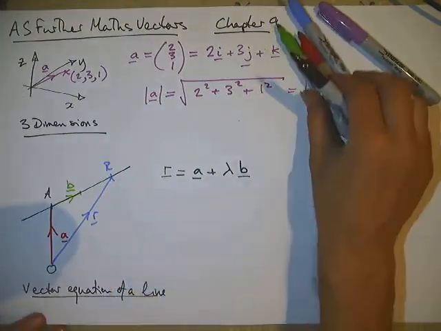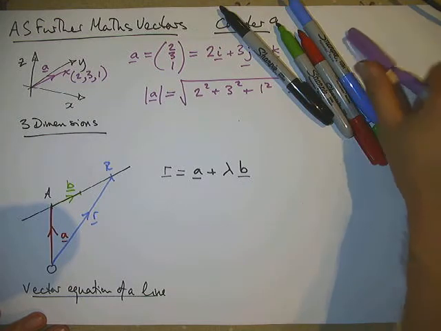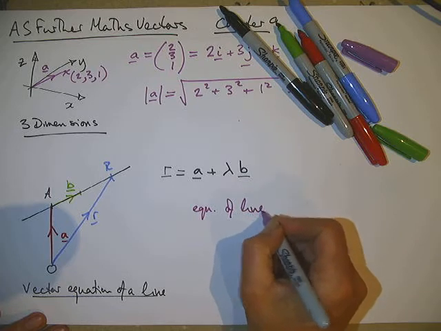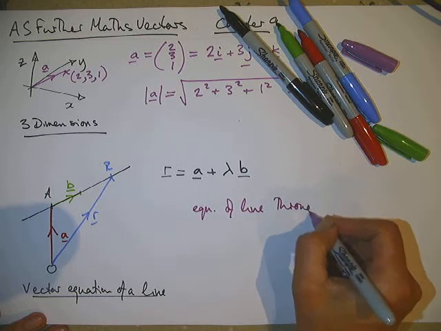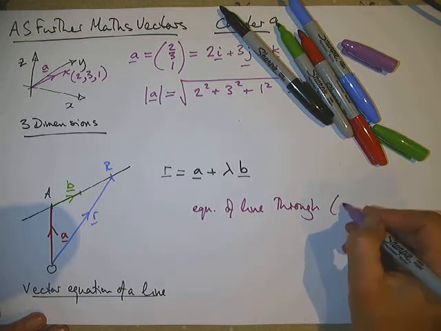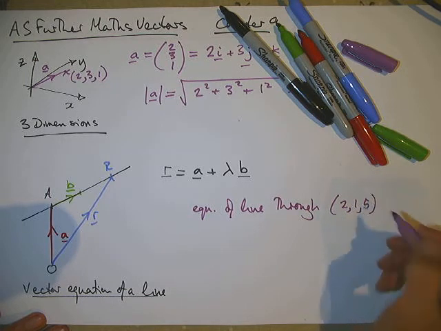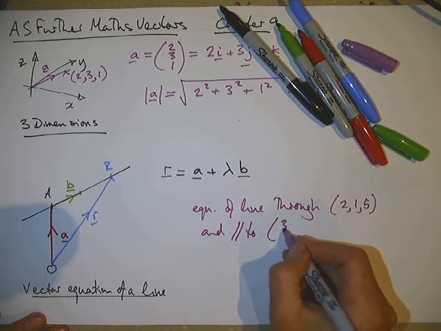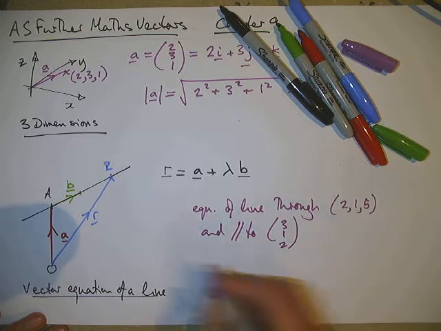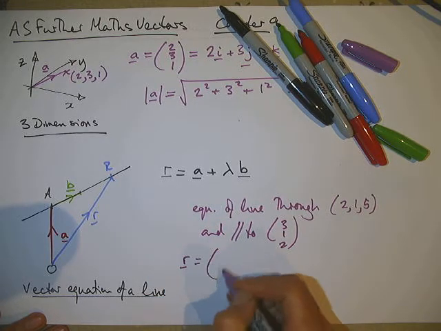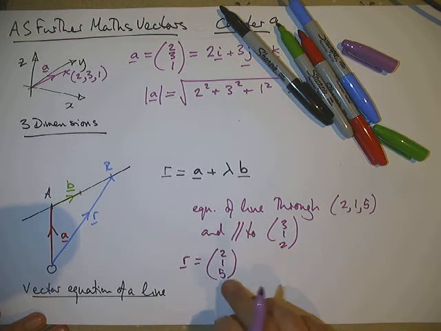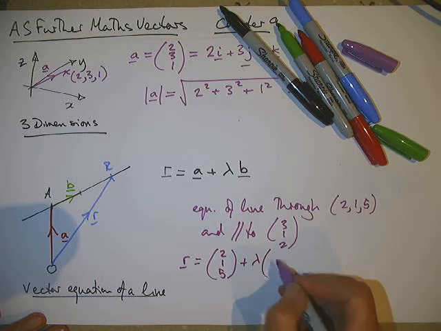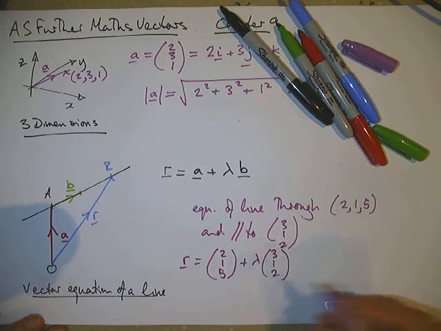So, for example, the equation of the line through (2, 1, 5) and parallel to (3, 1, 2) would be r equals the position vector of a point on the line plus a multiple of that direction vector.